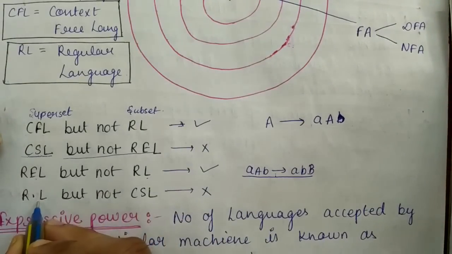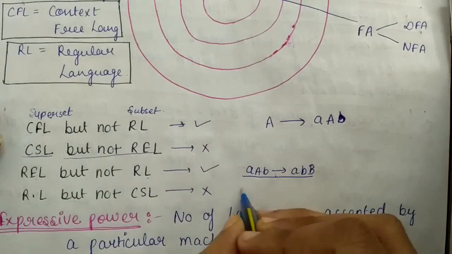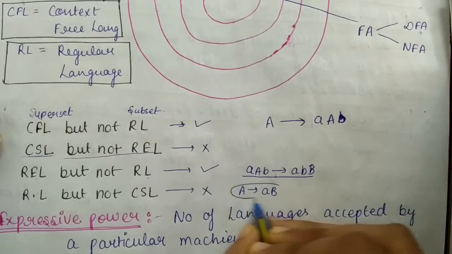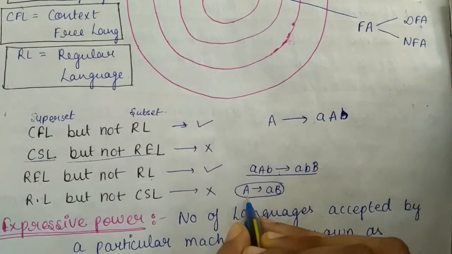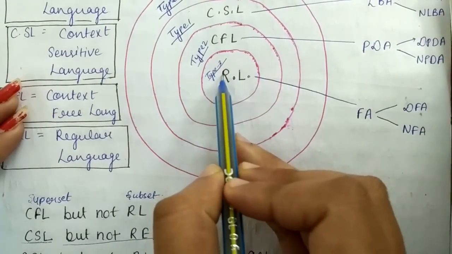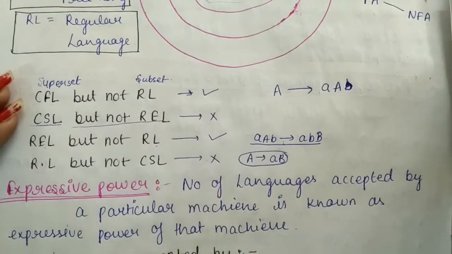Now the fourth one is RL but not CSL. This can never be possible, because the regular language is always left linear or right linear. Since it is a subset, if a language belongs to this, then it will always belong to CFL. So this statement is totally wrong.